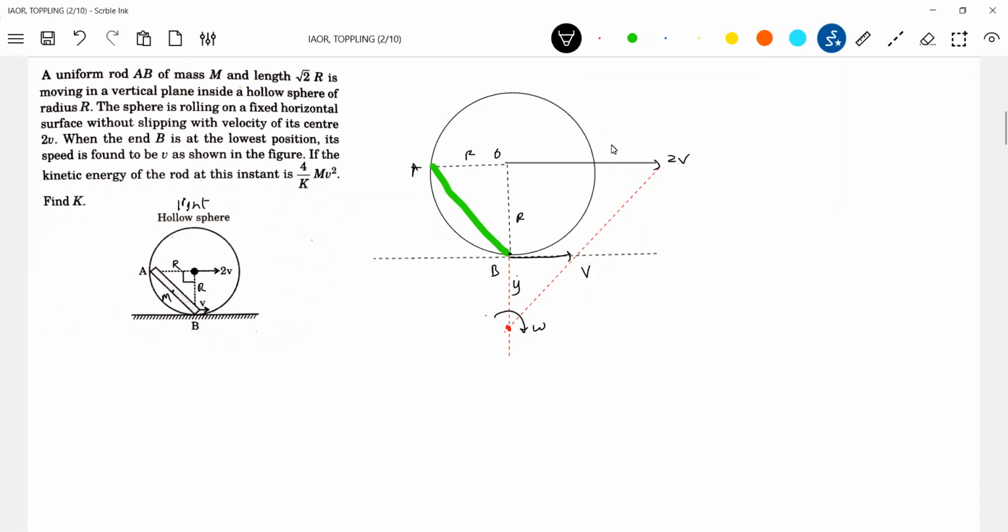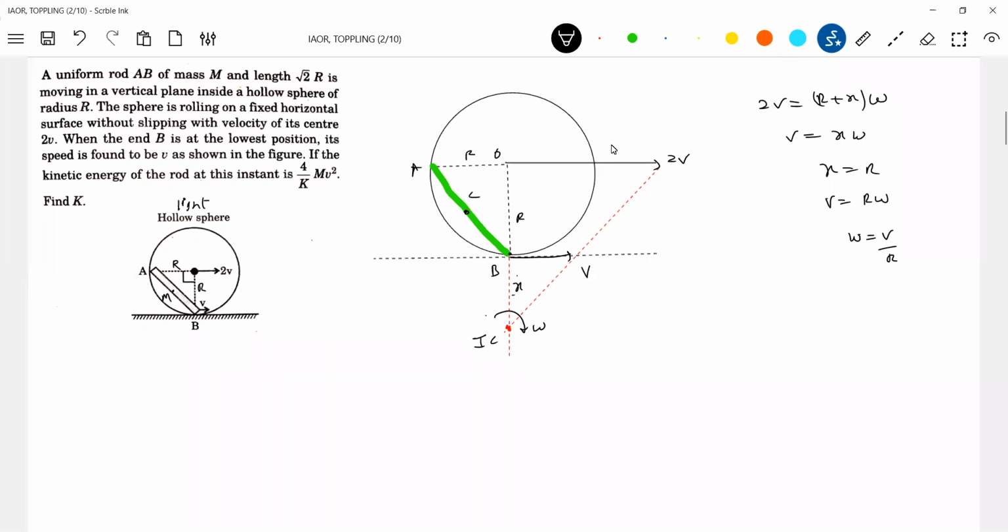Let me take this distance as x. 2v is equal to (r plus x) times omega, and v is equal to x times omega. Solving, x becomes equal to r, and v equals r omega. So omega is v by r, the angular velocity of the rod AB about the instantaneous center. If you stand here, the center of mass of the rod will be here.